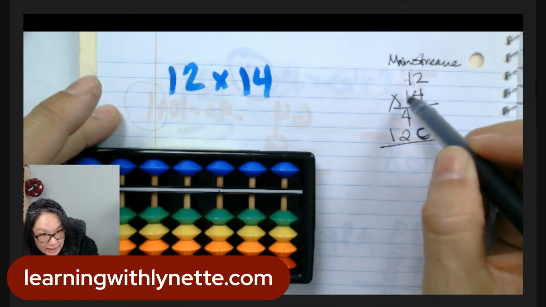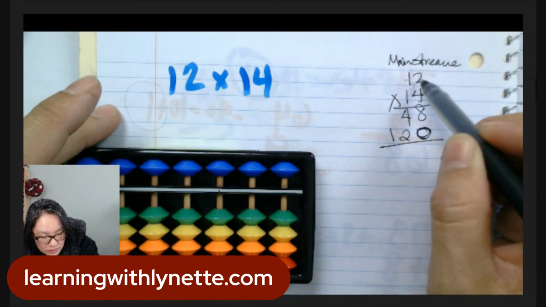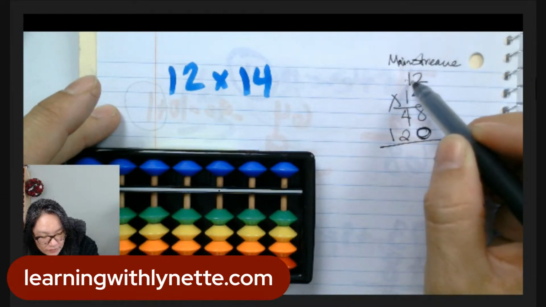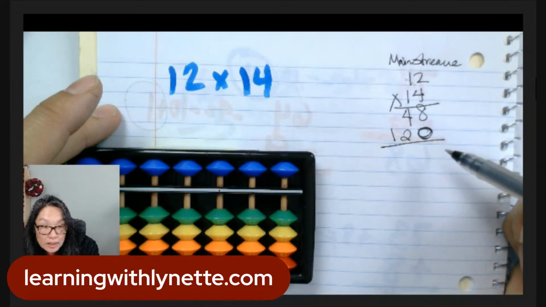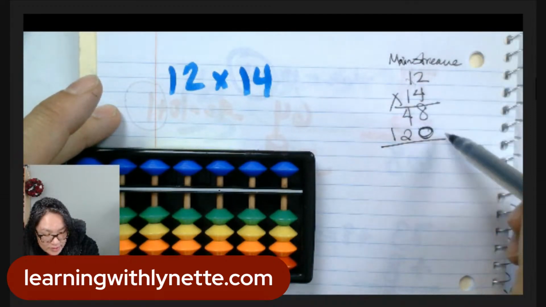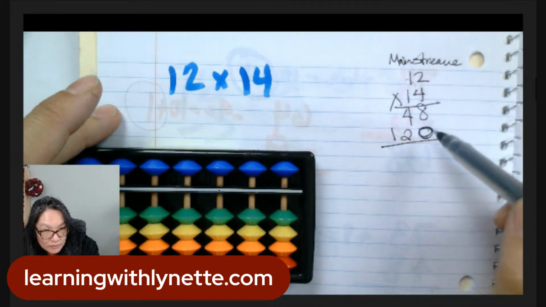Because it's 10. 10 times 12 is, right, 10 times 2 is equal to 12.